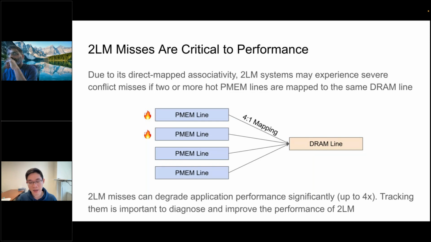And in an experiment, we find that 2LM misses can degrade application performance significantly, and tracking them is important to diagnose and improve the performance of two-level memory.